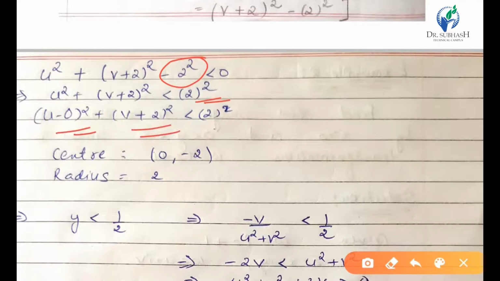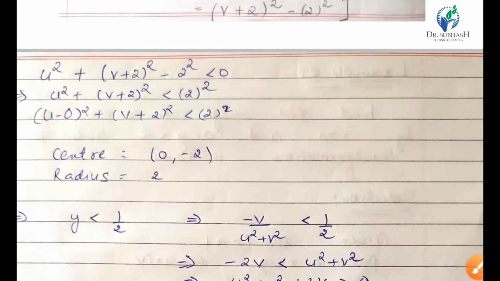This term will be as it is and 2 square will be as it is. So by the equation of the circle, the center will be (0, minus 2), and the radius will be 2. So for the first portion, that is 1 by 4 less than y, we have obtained a circle of radius 2 and center (0, minus 2).